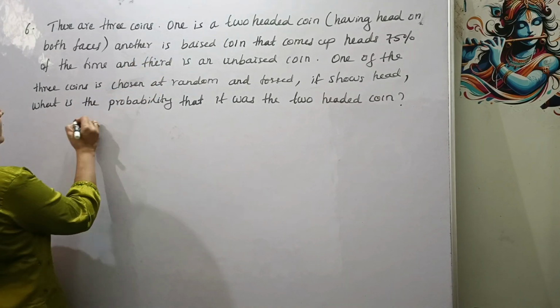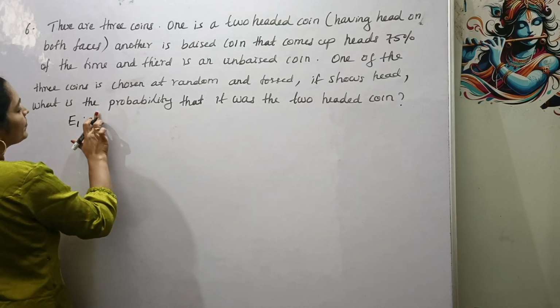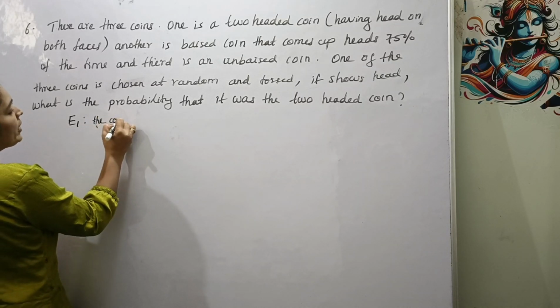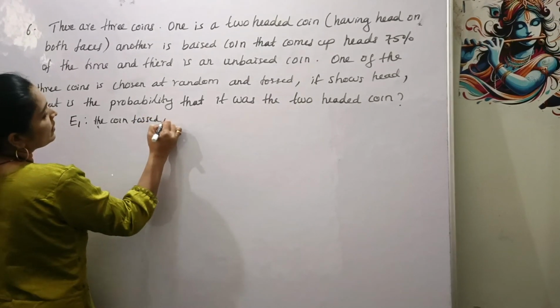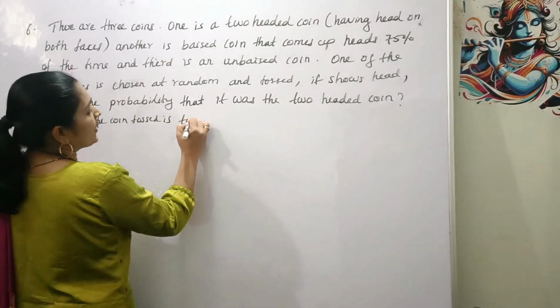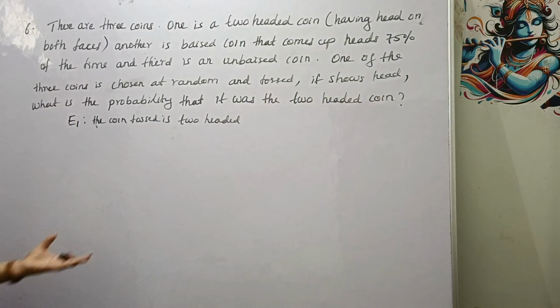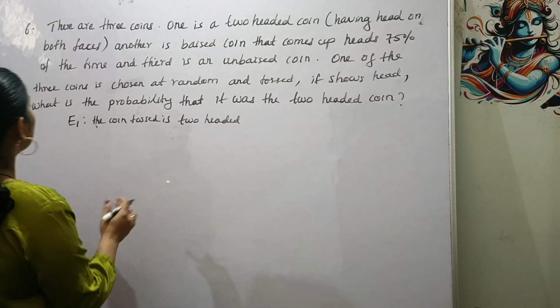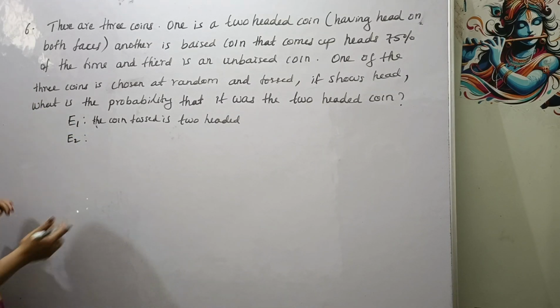Let E1 be the event the coin tossed is two-headed. That means this coin has heads on both sides. Next, let E2 be the event.